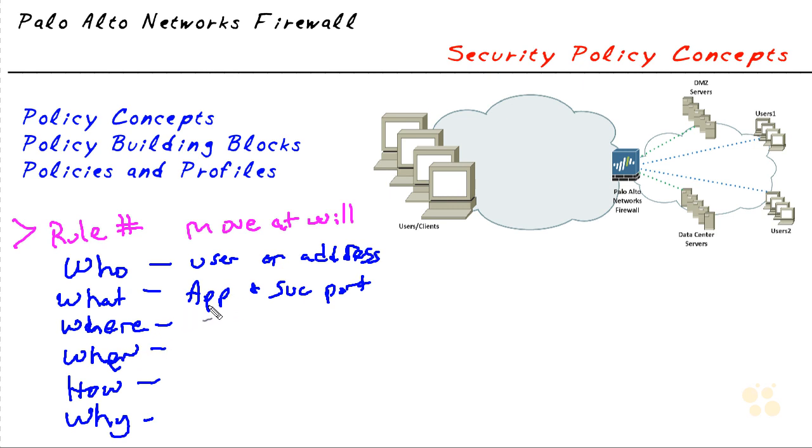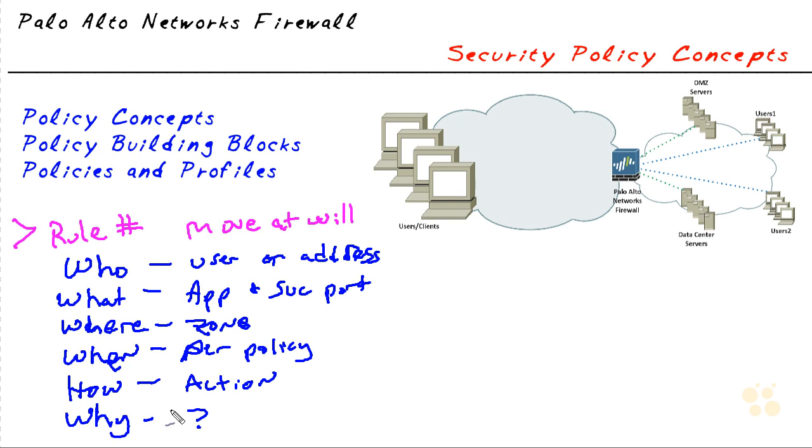The where is where I get into my zone stuff, so my zone and possibly address in here, but mostly my zone is where I'll say that happens to be. The when is per policy. The how is going to be my action that I'm doing in there. And the why, well, maybe we don't answer the why part. Just one of those things. But otherwise, we had 5 out of the 6, so that's not too bad in the grand scheme of things.